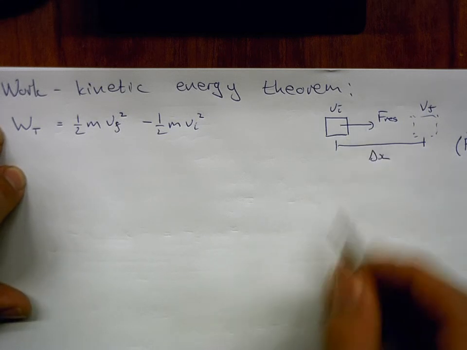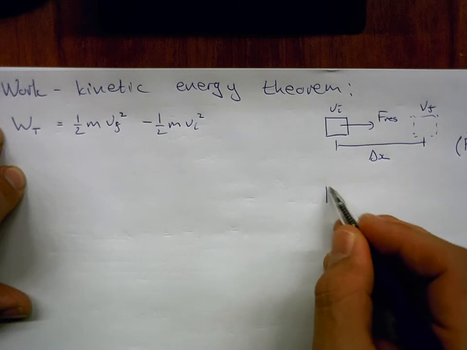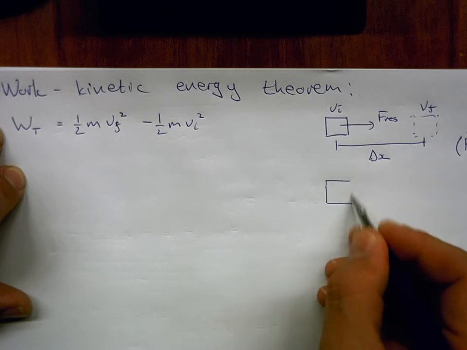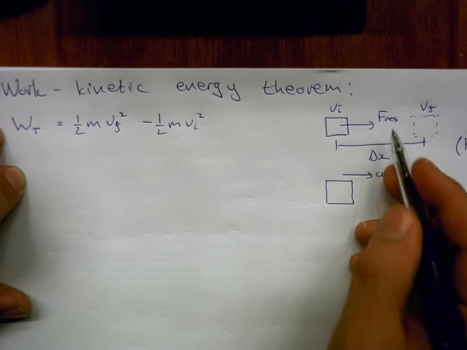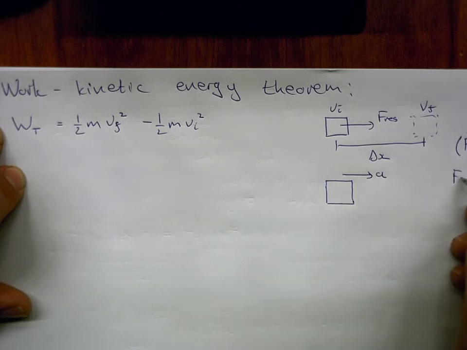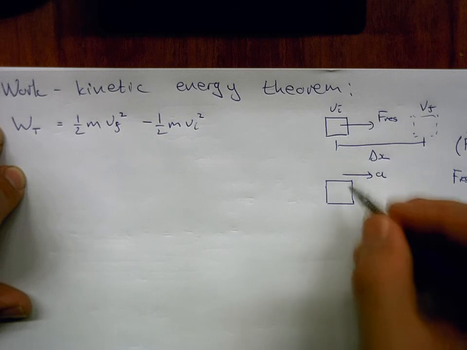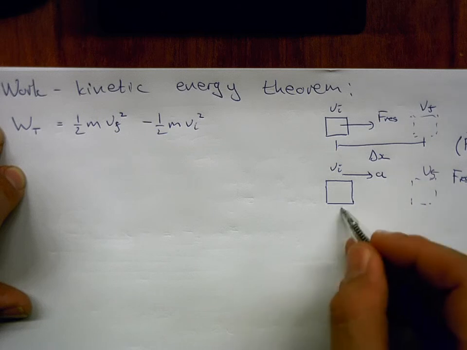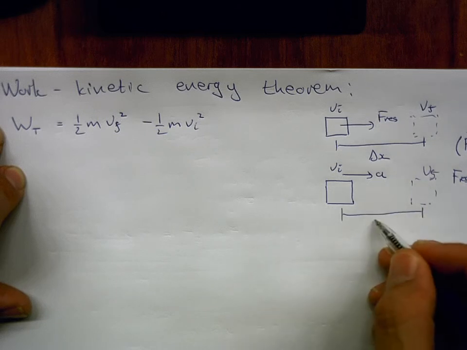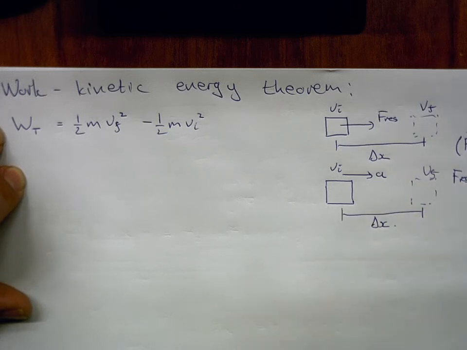Now we can rewrite this in terms of what we did with straight line motion. This block will have some constant acceleration because we know F res is equal to mass times acceleration. It will have an initial velocity over there, and over here a final velocity after moving a distance delta x.